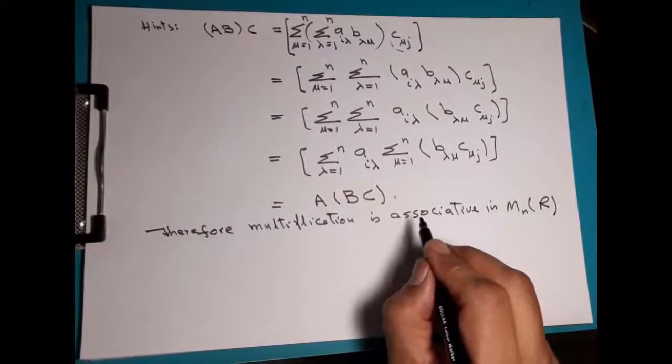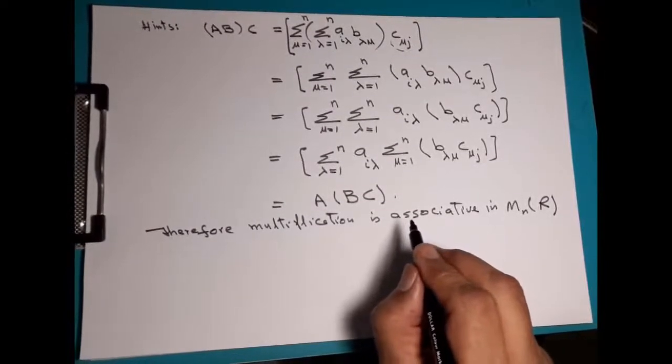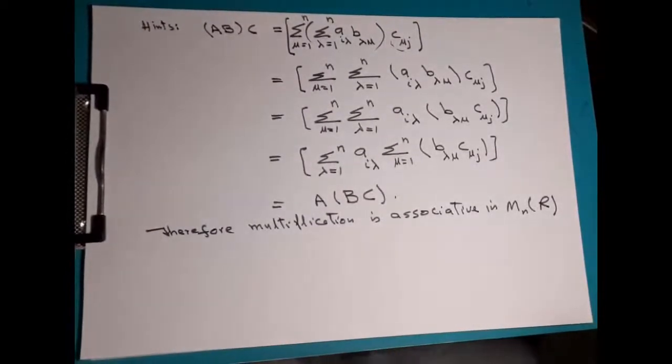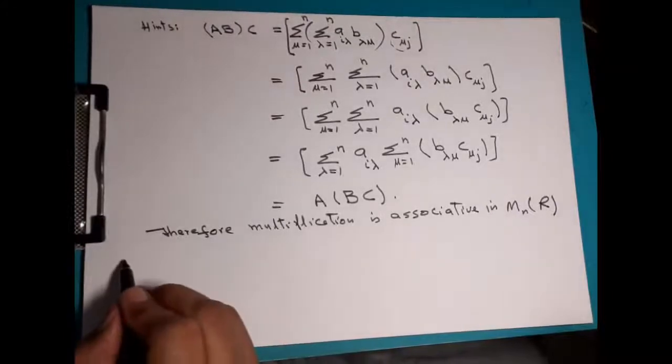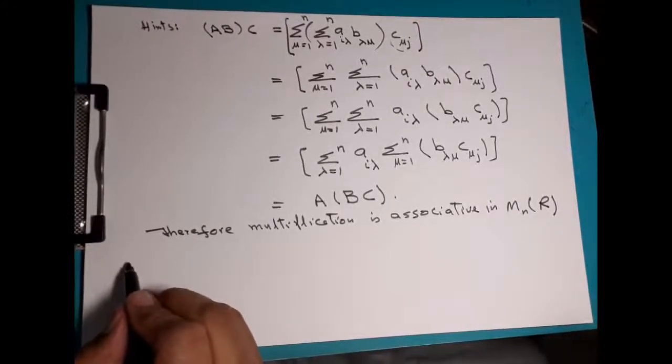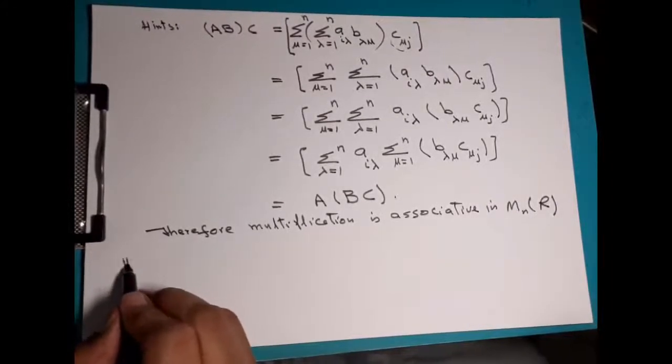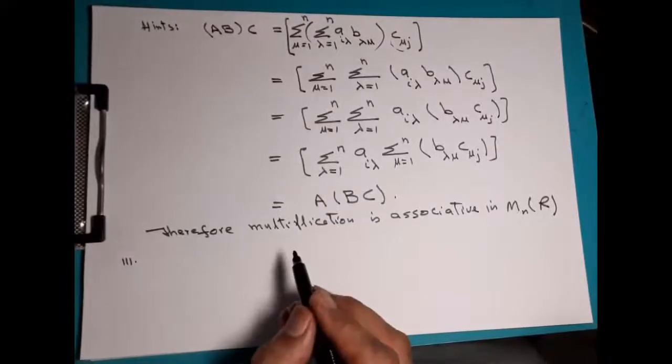So having done that, multiplication is associative. We have completed the conditions for multiplication. Now we come to distributive law. Thirdly, we come to distributive laws.